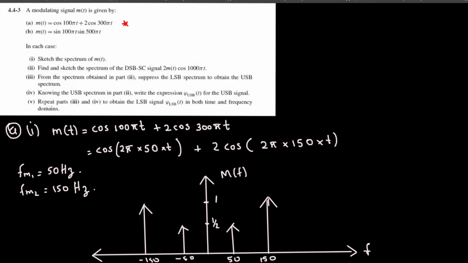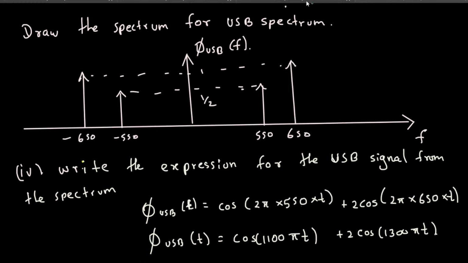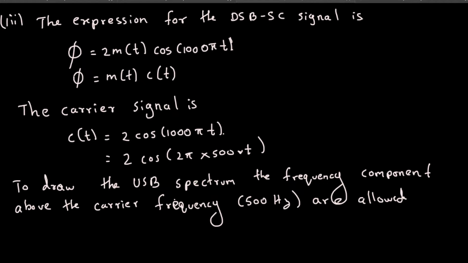Let me double check what is there. For part 2 we drew the DSB, in part 3 we drew the USB spectrum, and we wrote the expression in part 4. Repeat parts 3 and 4 for the lower side band.